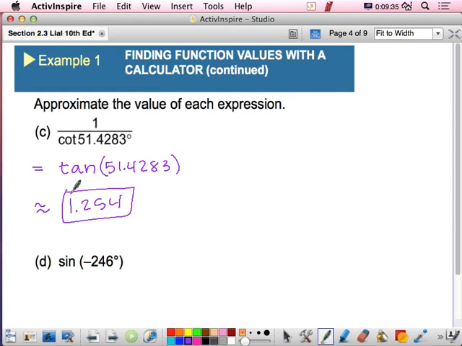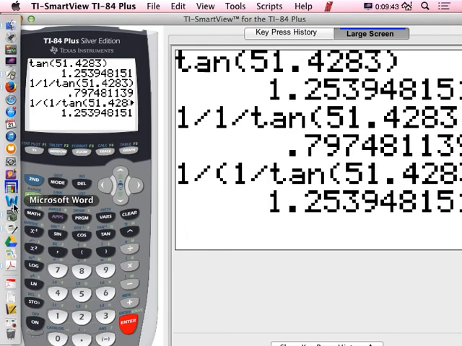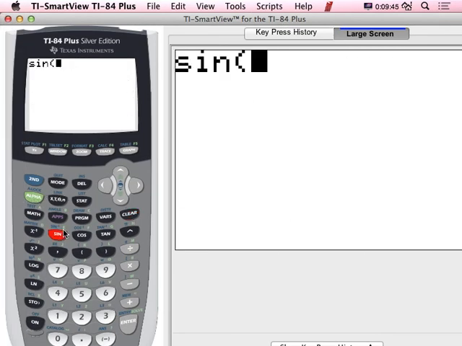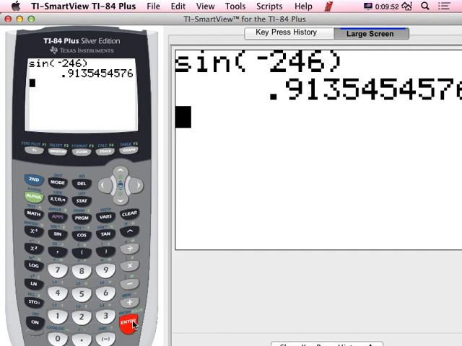So you should be able to go and just type in sine of negative 246, close that parenthesis, and get an answer. Sine of negative 246 degrees. 0.914, so approximately 0.914. All of these have been rounding up.